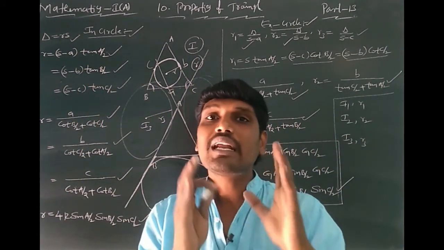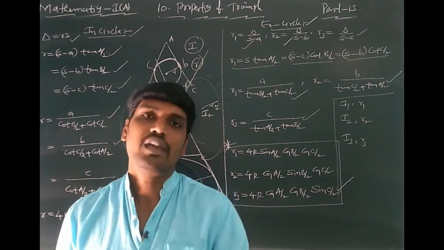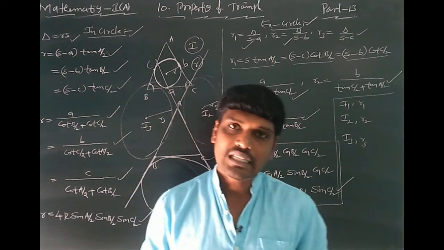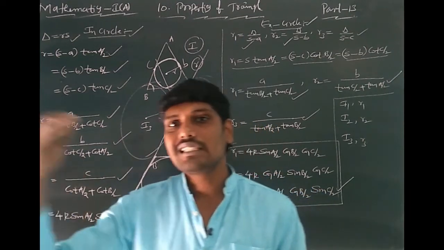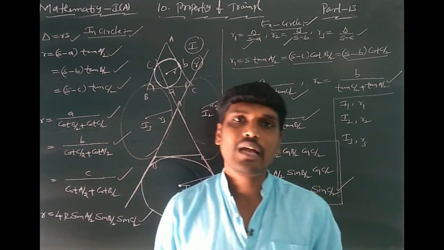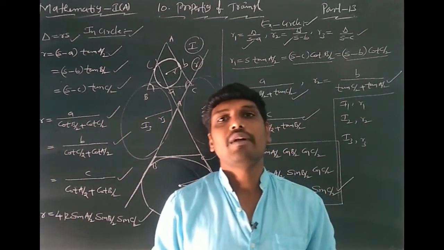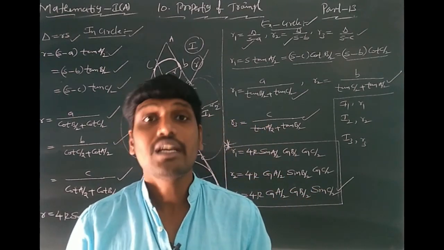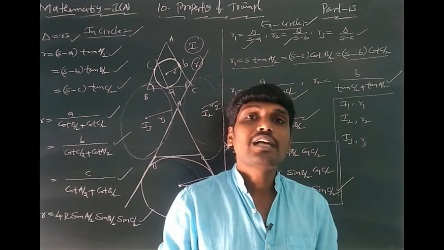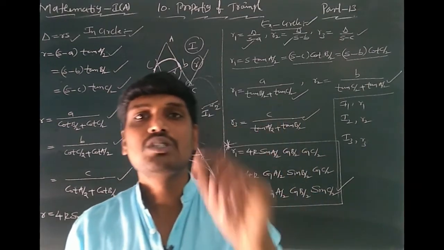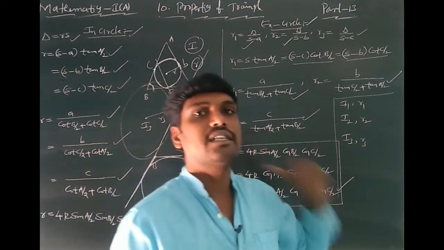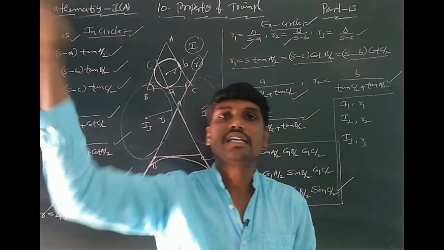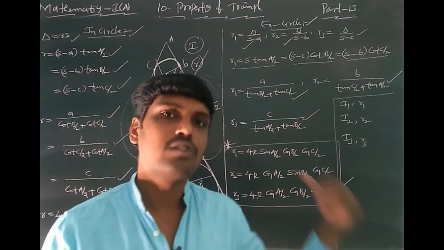Next, some trigonometry formulas are also useful in exercise 10b. Already in exercise 10a we used some important trigonometry formulas; here also some trigonometry formulas are used. Next, trigonometry transformations, 7 marks, are also used in this exercise 10b. Already exercise 10a used some problems, here also they are used.